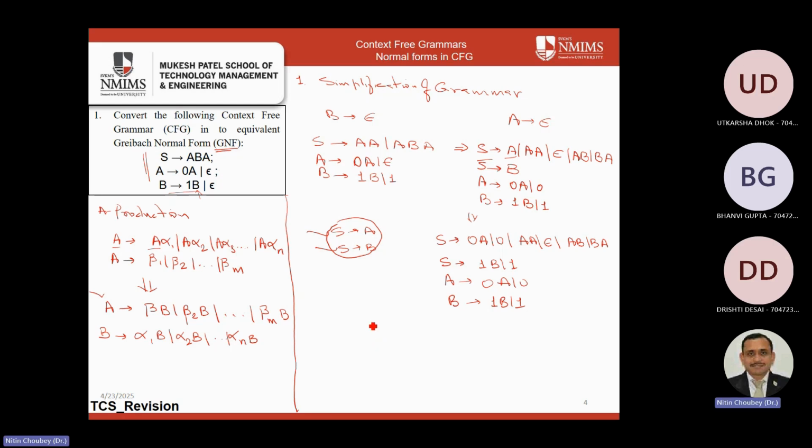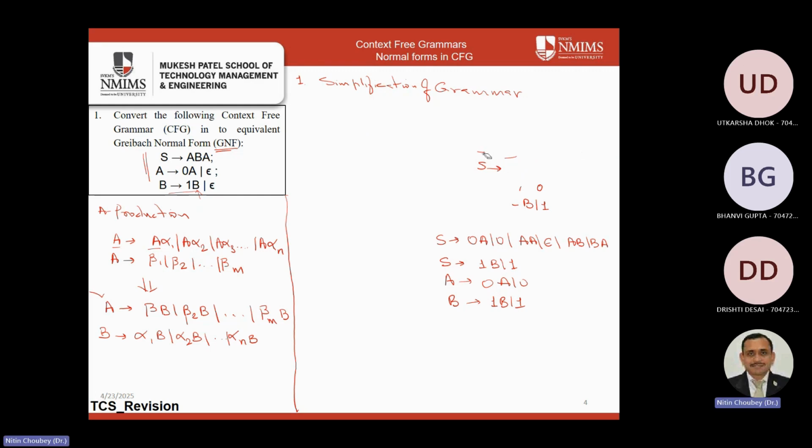So what next? Next is conversion of this grammar into the equivalent GNF form, because we have simplified the grammar and our simplified grammar is available with us. So let's look: do we have any production in the form of left recursion? We have S gives 0A | 0 | epsilon | AB. So this is not in left recursive form. Similarly, A is also not in left recursive form. B is also not in left recursive form.